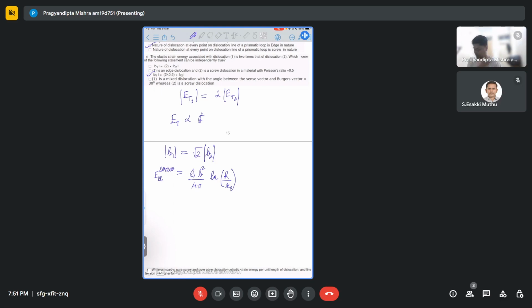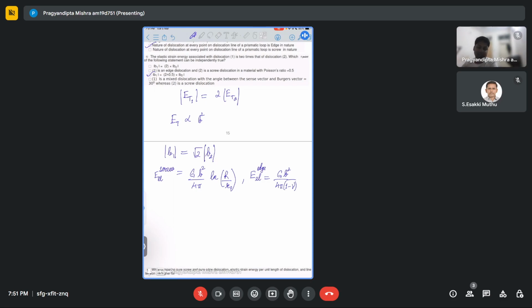Thank you. Okay, so like I was saying, the elastic energy for a screw dislocation is given by G b square by 4 pi ln of R by R naught, while for an edge dislocation it is the same exact thing, just 1 by nu minus 1.